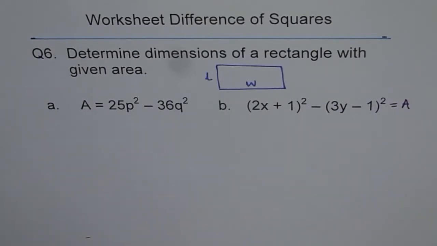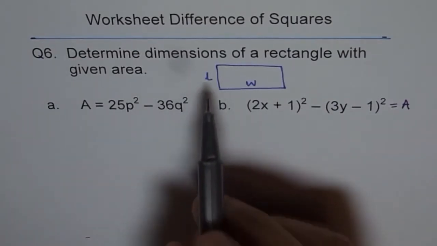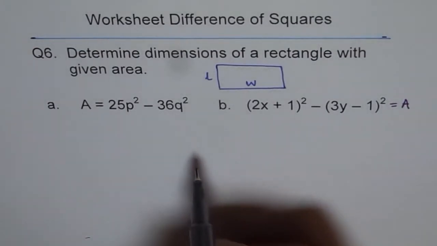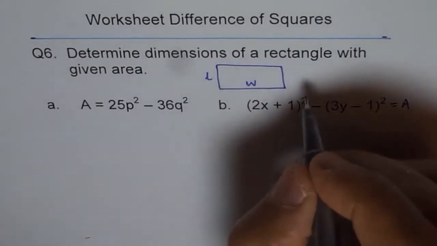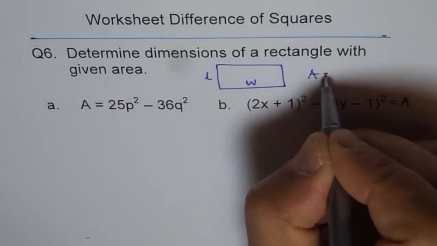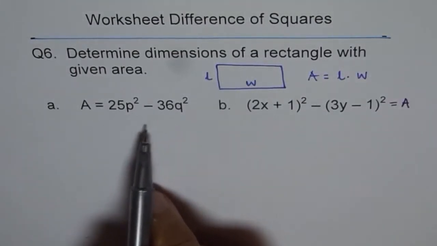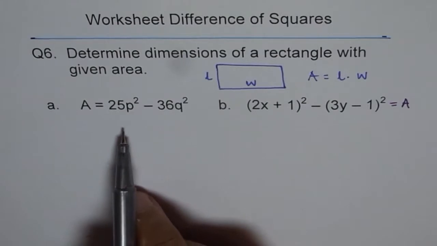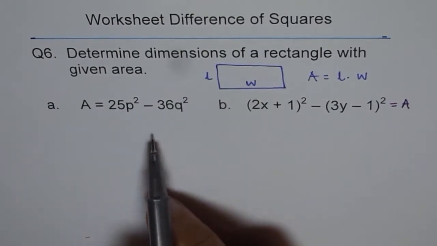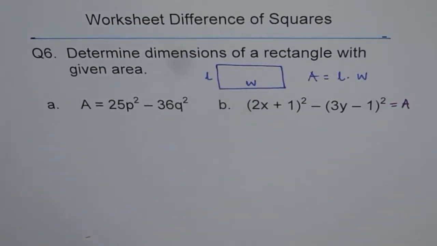Okay, so this is what you have to figure out. And how can you figure out length and width? By comparison. You know what area is? Area equals to length times width. So if you could factor this, there will be two factors. One could be associated with length, the other one with the width, right? So that is how you normally get there.